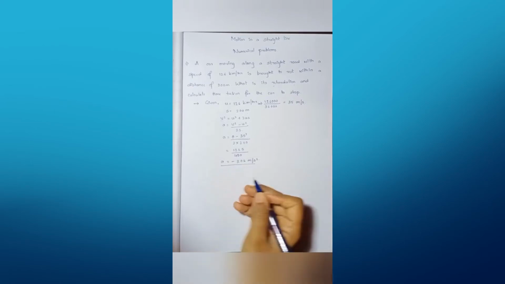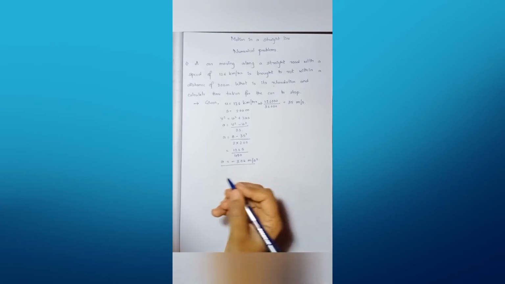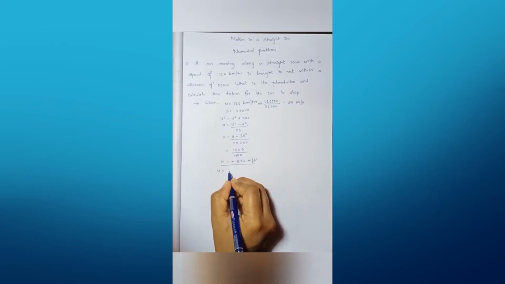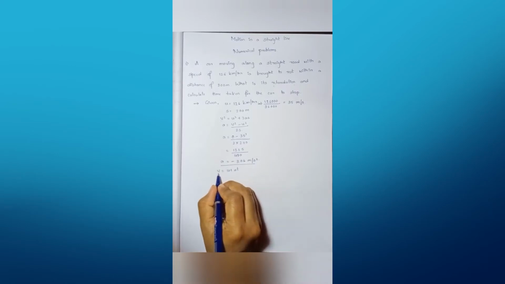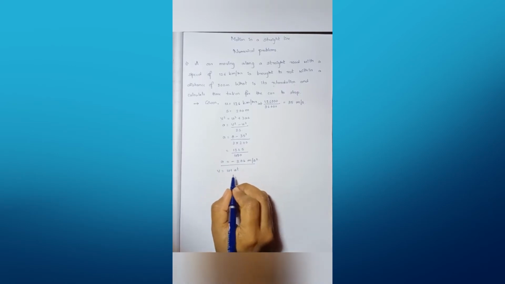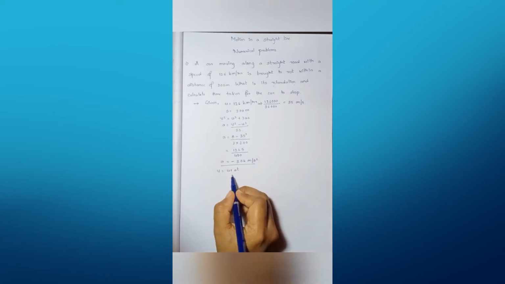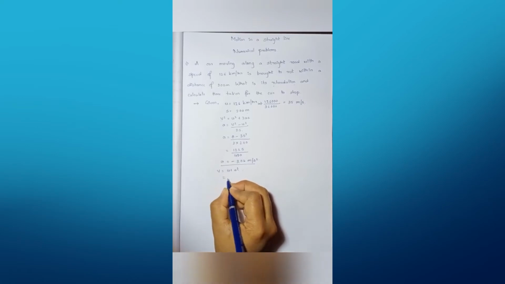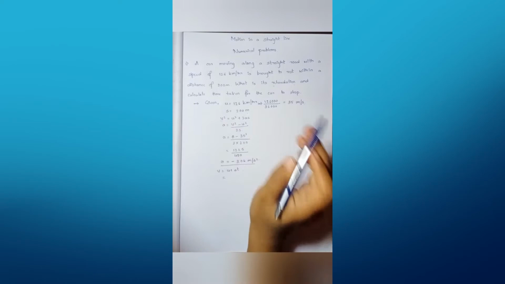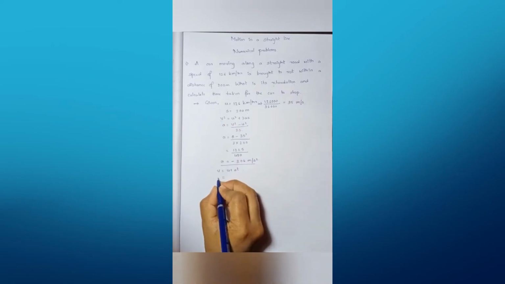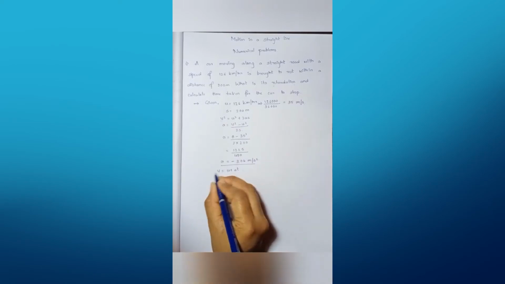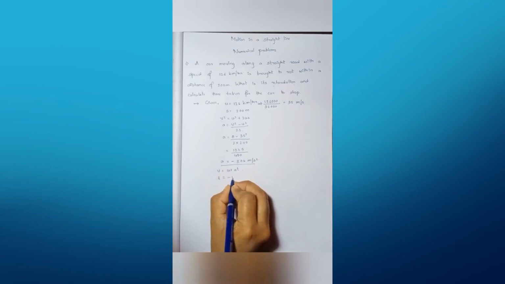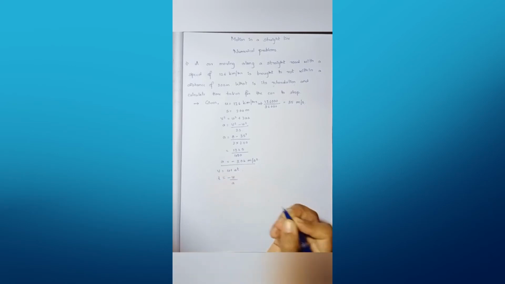Next we'll take another equation, that is v is equal to u plus at. This is also an equation of motion we have derived in this chapter. So v is 0 as you know, and next one we have to calculate is time. t is equal to, taking this side, minus u by a.